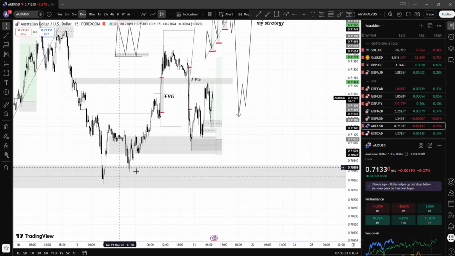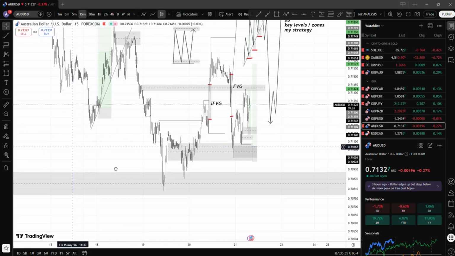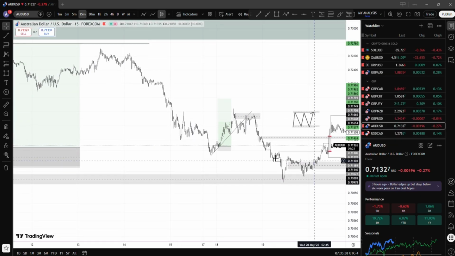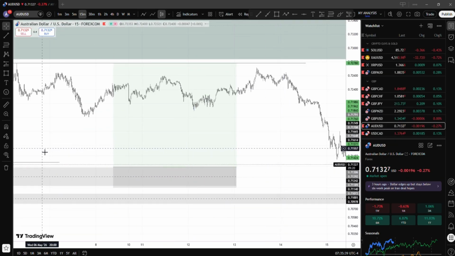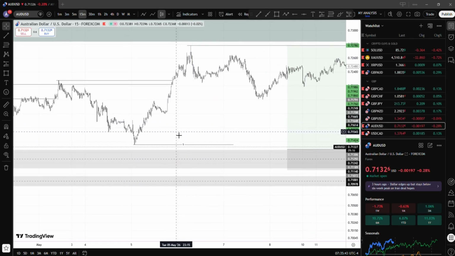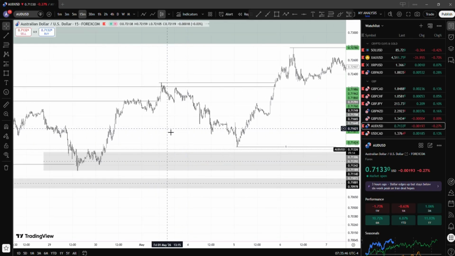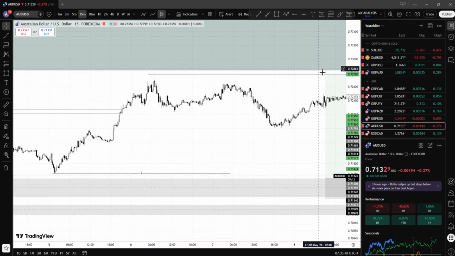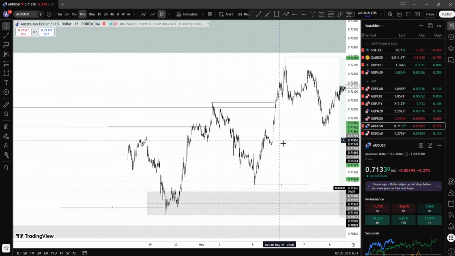Same thing happening in the chart every time. If you just take note, you see them. It happens every time on the chart. If you are focused enough, you will see them. You'll be able to spot them.